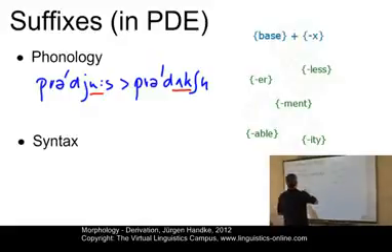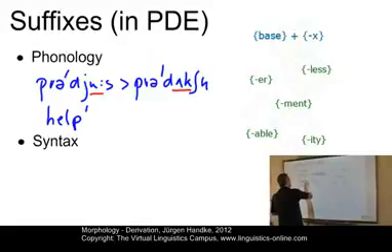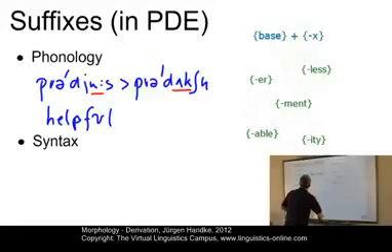Examples would be something like help, or sorry, helpful. So here we have the stress in each case on the first syllable. Help and helpful, there's no change. Other examples would be something like punish and punishment, where nothing happens to the base form in terms of any phonological change.